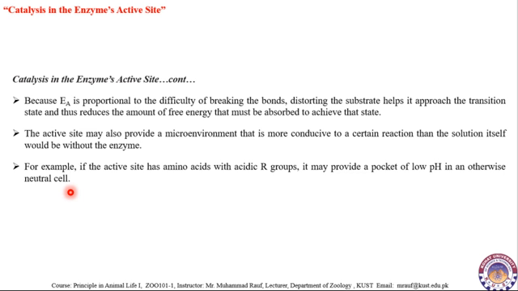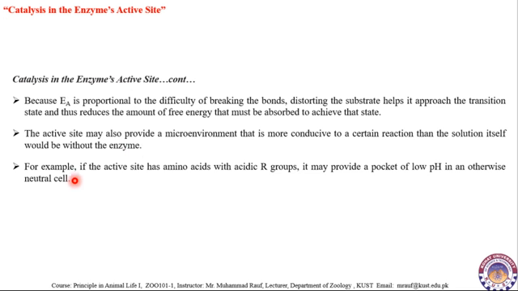In those circumstances, the enzymes which have amino acids with acidic R groups, such an active site with acidic R groups, provides a conducive, a more feasible environment in which such a reaction can be catalyzed.